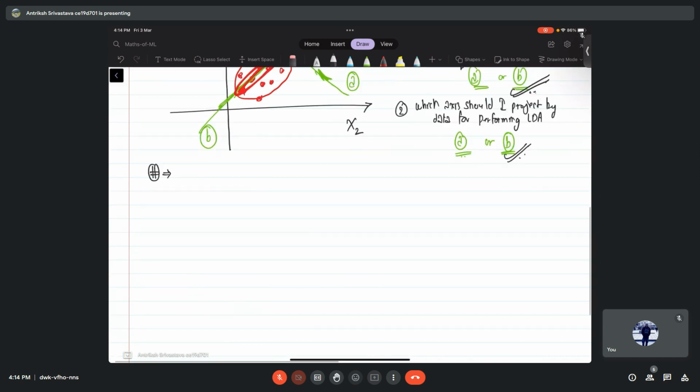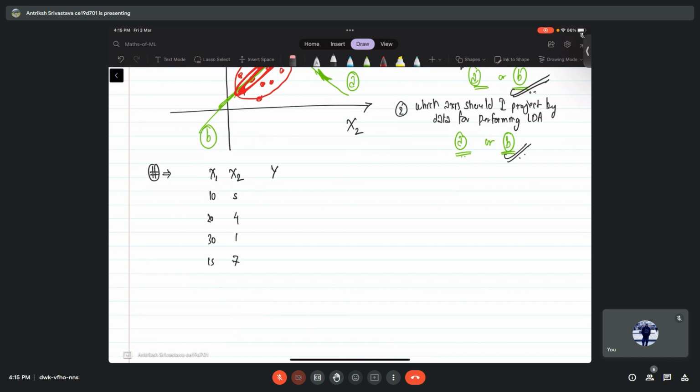So we'll take a simple example. Let's say you have two features, x1 and x2, and you have their corresponding label y. So you have some values here, let's say for x1: 10, 20, 30, and 15, and for x2 you have 5, 4, 1, 7.